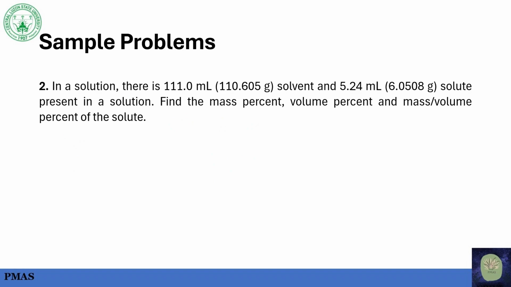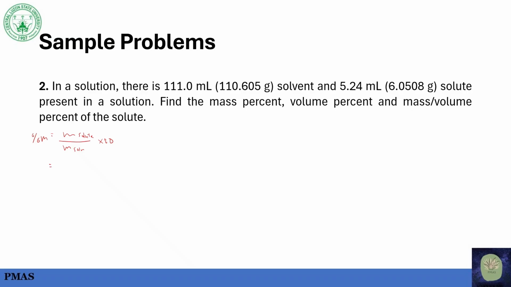Next, in a solution, there is 111 ml, or the equivalent amount of 110.605 grams of solvent, and 5.24 ml of solute, which is 6.0508 grams. Find the mass percent, volume percent, and mass by volume percent. Again, the percent by mass is the mass of solute over the mass of the solution times 100.